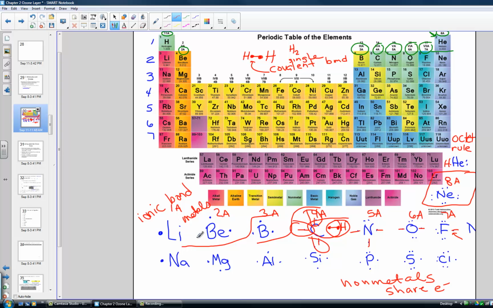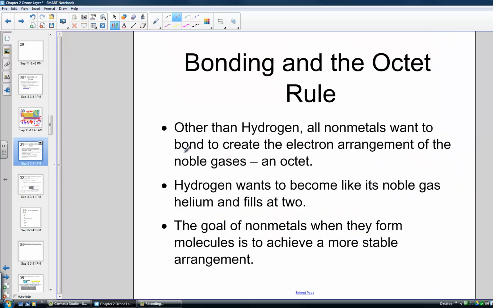So we have learned how to write Lewis dot structures based on the group number they live in, and for those nonmetals, hydrogen included, we are learning how to predict how many open spots they have available for bonding. So other than hydrogen, all nonmetals want to create an electron arrangement of the noble gases.